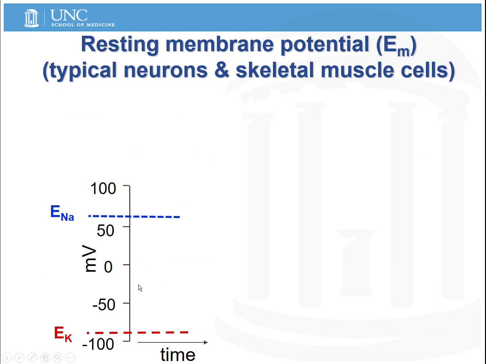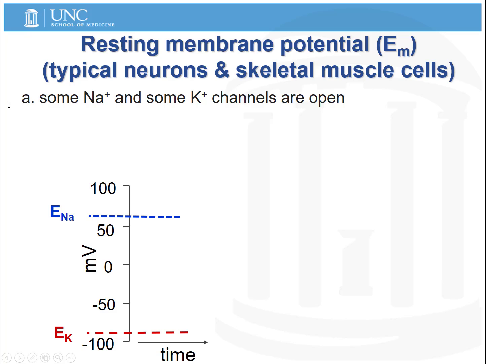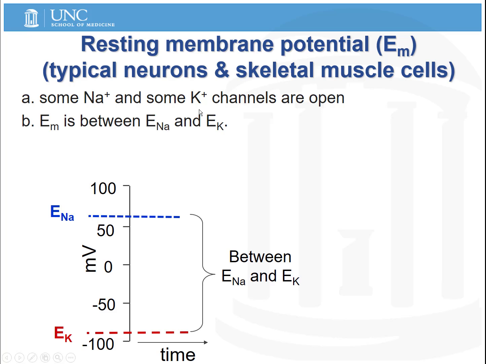Now, if we look at the resting membrane potential of a typical excitable cell like a neuron or skeletal muscle cell, we can take these principles into account and estimate their resting membrane potential. And we know the important things to think about are the concentration gradient and the permeability of each ion.